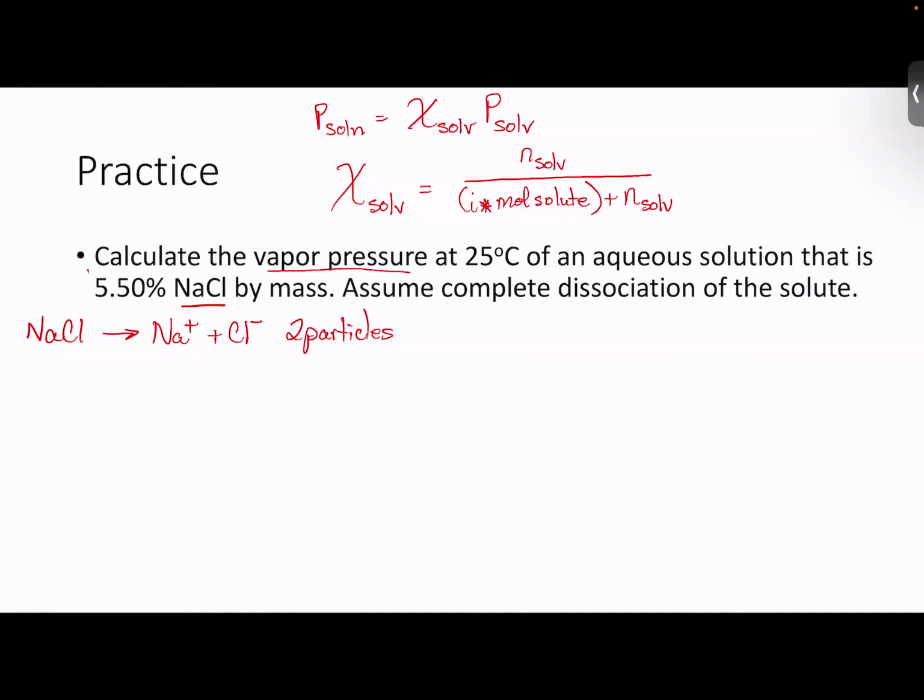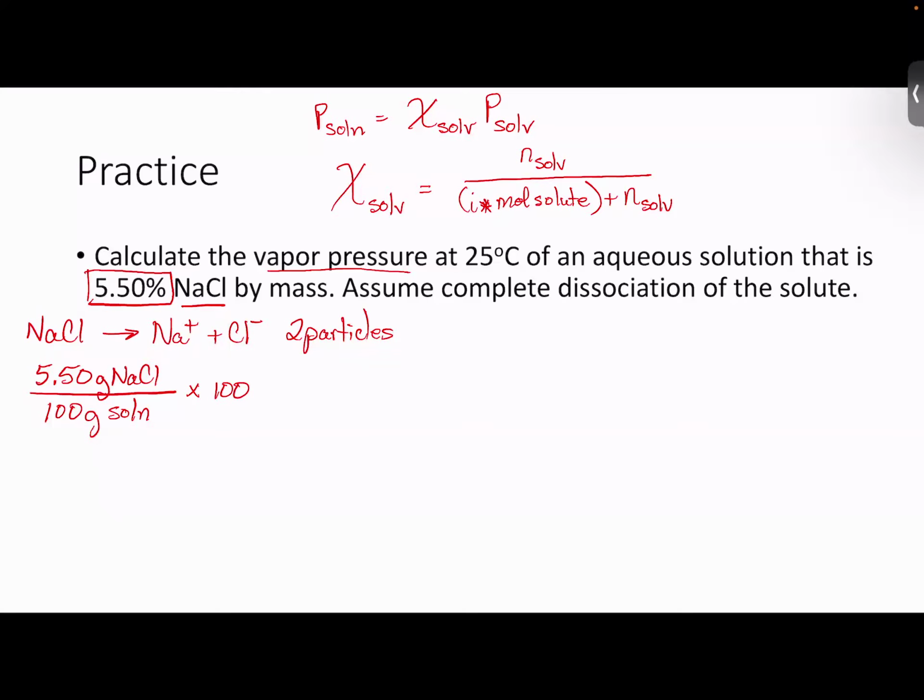Now, I liked this problem because it brought in something that we discussed on Thursday, which is the percent concentration. When I see 5.50%, one way to interpret this, and the most accurate way, is that it would be 5.50 grams of sodium chloride divided by 100 grams of solution, times 100.